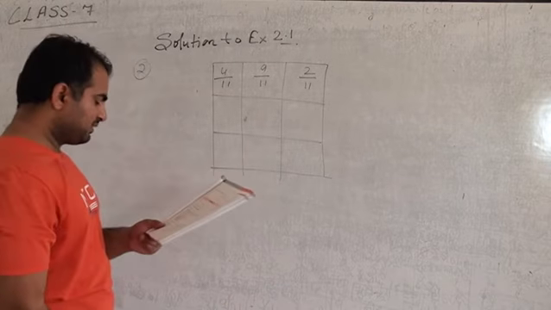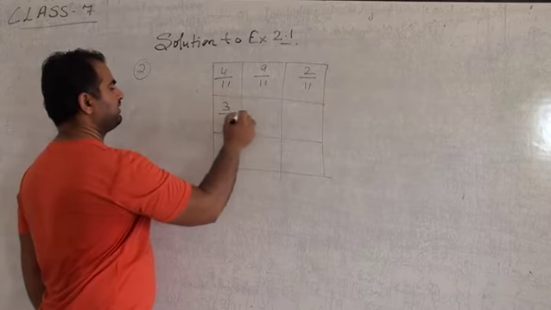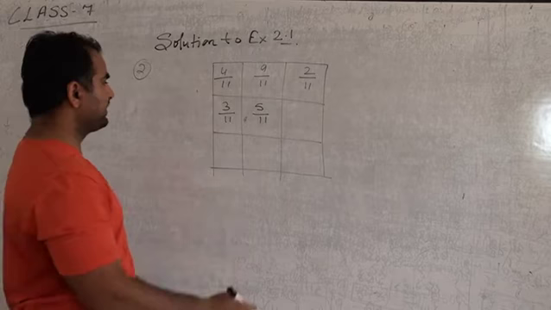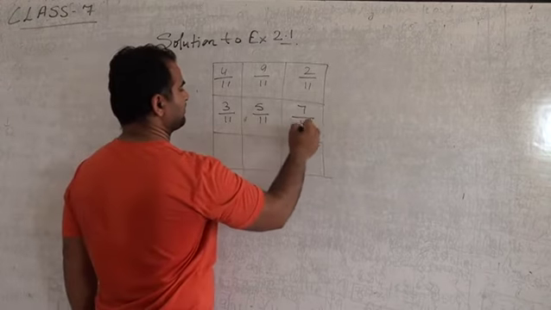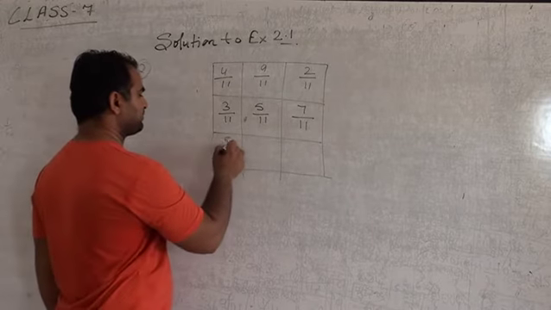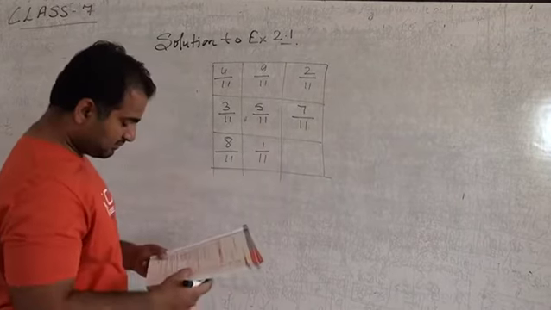Next is 3 by 11, 5 by 11, 7 by 11. Next is 8 by 11, 1 upon 11 and 6 upon 11.